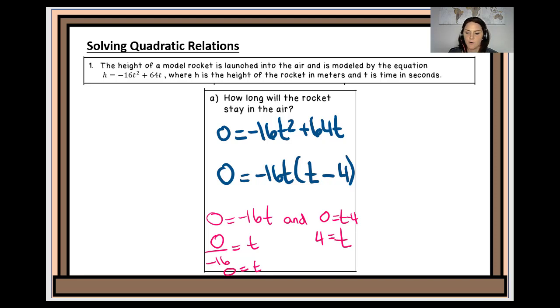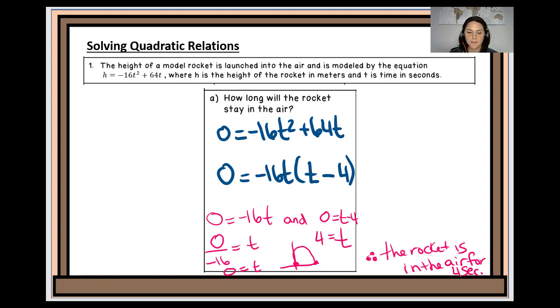If we draw a little sketch, we would have 0 and 4. The parabola opens downward because we have a negative 16t. So it's going to hit the ground at 4 seconds, which means it's in the air for 4 seconds. Therefore the rocket is in the air for 4 seconds.